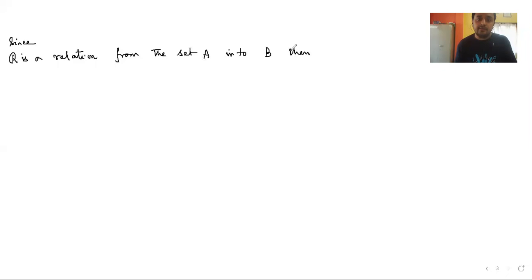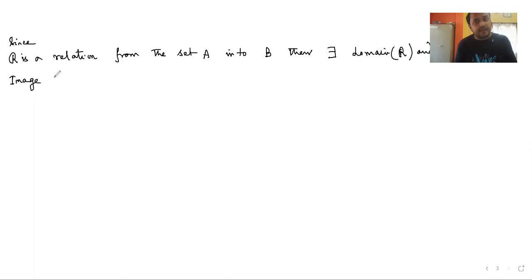Okay, before I come to the equivalence relation portion, you have to understand that since R is a relation from the set capital A into capital B, then there must exist a domain of this relation and an image of this relation.